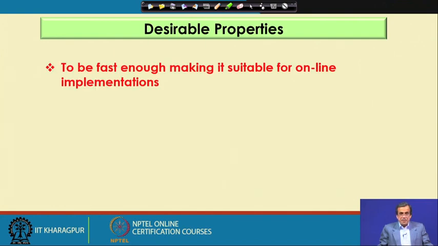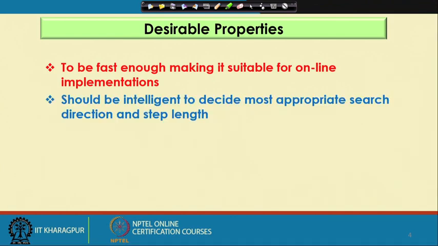Now, the desirable properties: how can you declare that a particular optimization tool is intelligent? To declare that, certain properties are to be maintained by that tool. These are as follows. It has to be very fast, so that we can implement online.